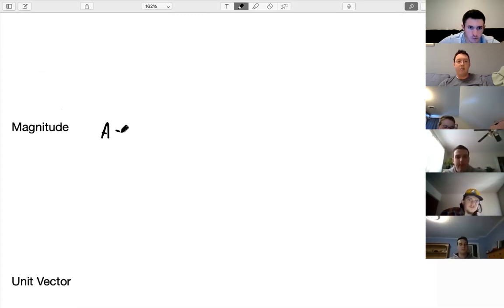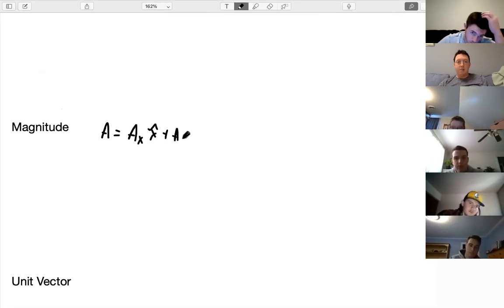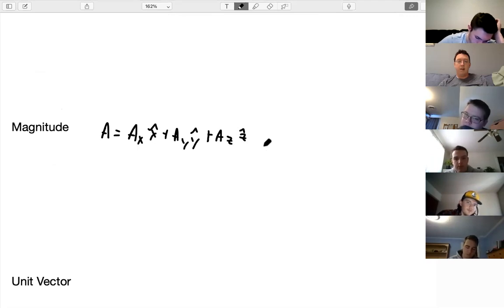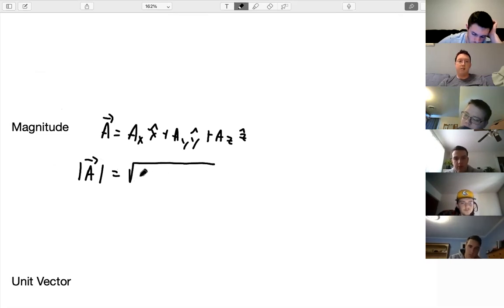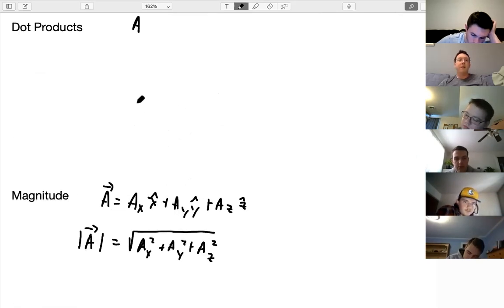If I have a vector A, which is AX x hat plus AY y hat plus AZ z hat, how do you define the magnitude of that vector? Square root of the sum of the squares. Yeah, so it's the Pythagorean theorem. It's going to be the square root of AX squared plus AY squared plus AZ squared. Okay, Pythagorean theorem. That gives you the magnitude of the vector.